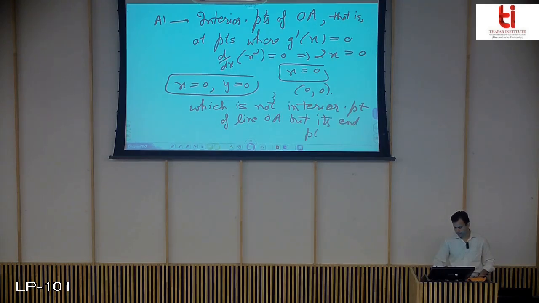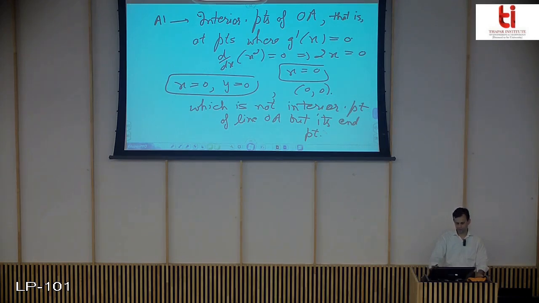So clearly we found that in the line segment OA, or in the interval 0 to 1, there is no point in between 0 and 1 where a maximum or minimum of the given function f(x, y), now reduced to g(x), exists. No maximum or minimum in the interior of line OA.